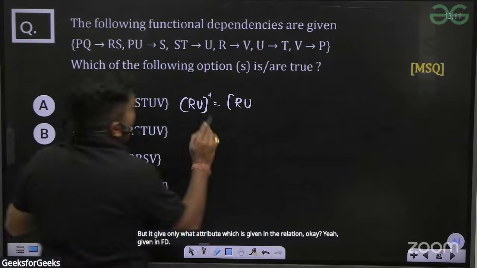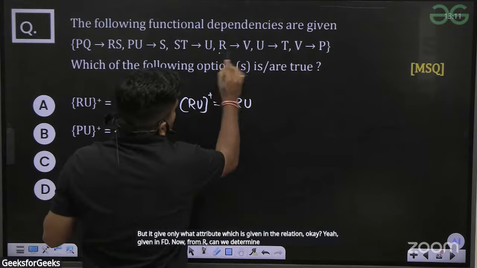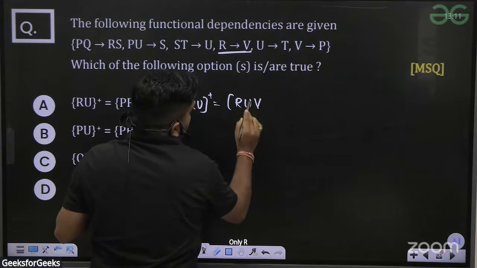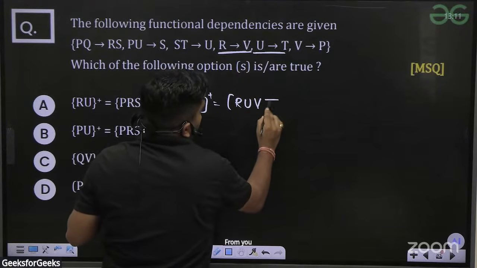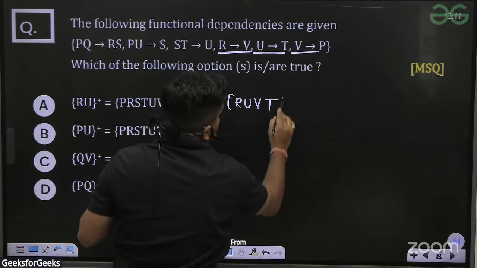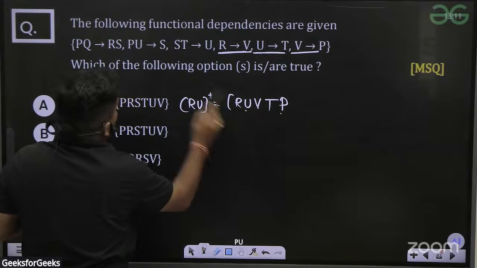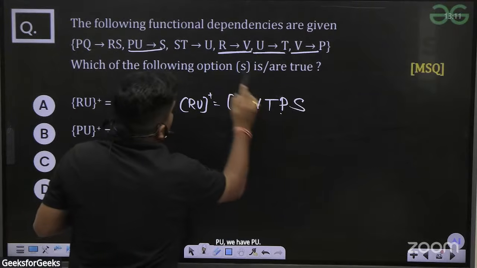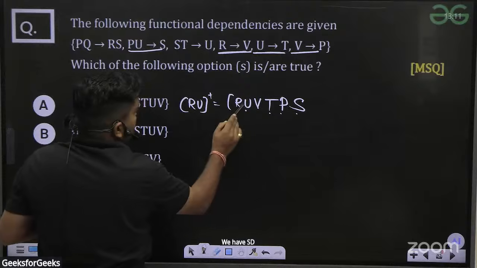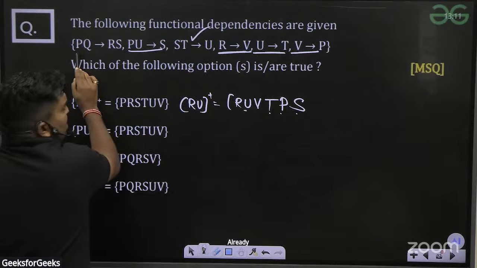Now, from R can anything be determined? Only R. From U, from B, P. Now PU, we have PU to S. We have ST already taken. Can we have PQ?